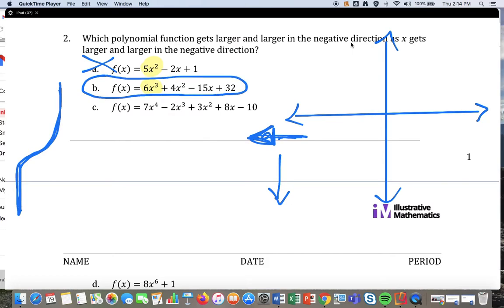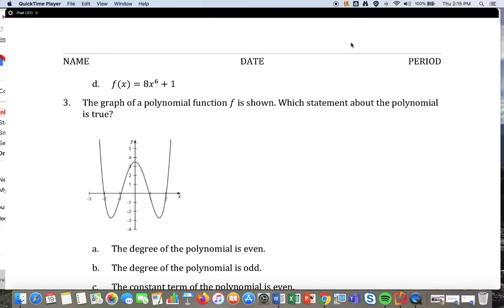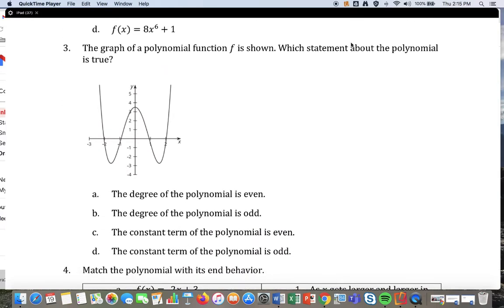As x gets larger and larger in the negative direction, f of x gets larger and larger in the negative direction. So this one would look like that. And letter C is an even numbered degree function, and so that's going to be going up as well. So letter B is the best choice there. Same thing with D there.